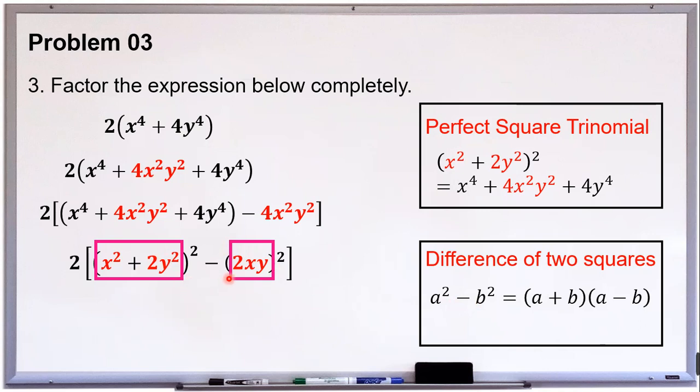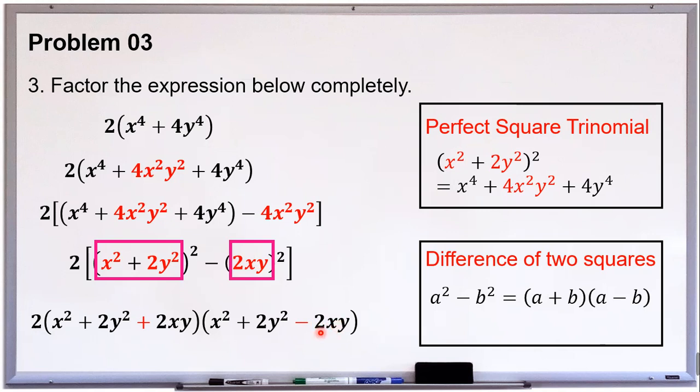So the complete factors of this expression is simply equal to, again, first is the sum of these two expressions. So you have x squared plus 2y squared again plus this one 2xy. And then the second factor is a minus b, the difference of the two expressions. So you have this one x squared plus 2y squared minus this expression 2xy.